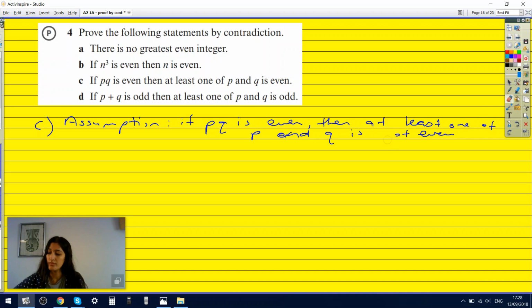I'll say odd. Okay. So if PQ is even, so PQ equals 2n. So let PQ be equal to 2n. Okay.